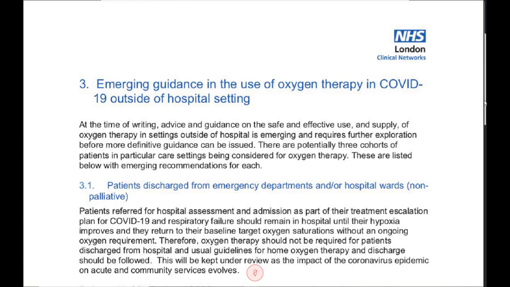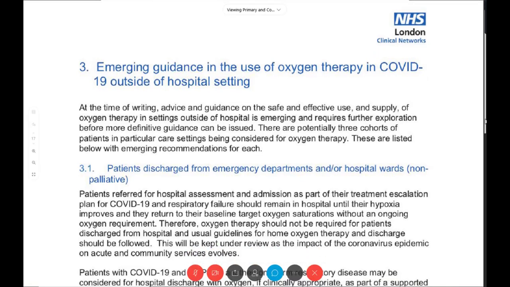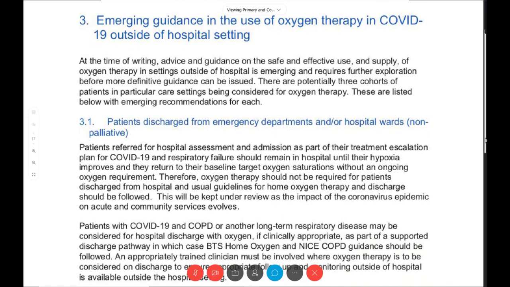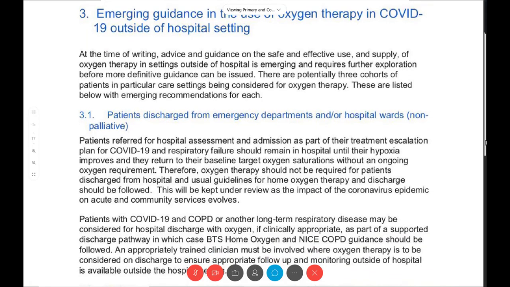Now, it seems that the natural history of these patients is that they continue to improve, and very few of them deteriorate following discharge. So they aren't of a huge concern to us, and they will not be discharged on oxygen therapy because we are expecting their trajectory of improvement to continue. So they should be out of hypoxia within a few days after discharge from hospital. So we're not really too concerned.